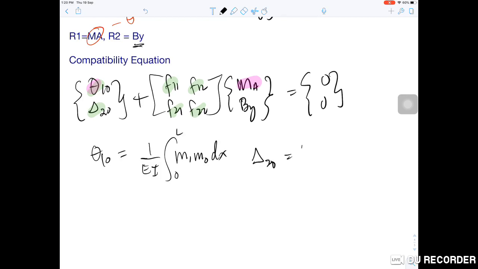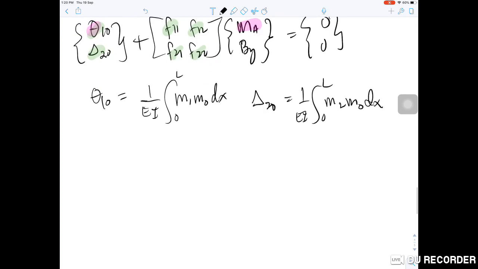Delta 2 naught is 1 over EI from 0 to L, M2 and M naught dx. We have F11, 1 over EI from 0 to L, M1 times M1, M1 squared dx.